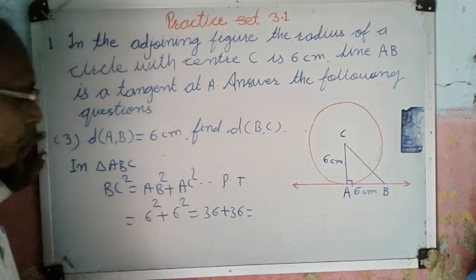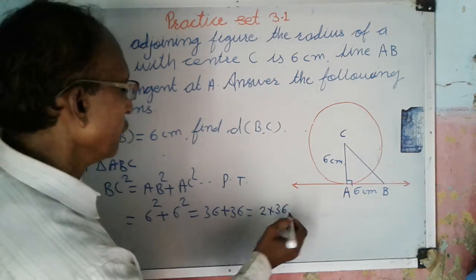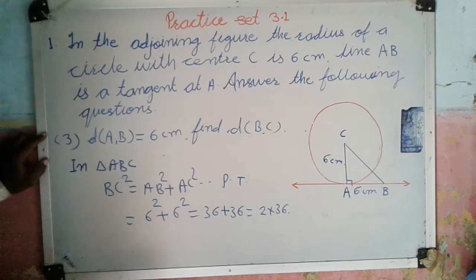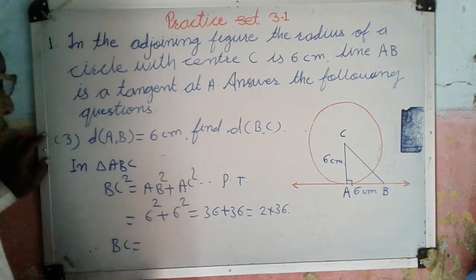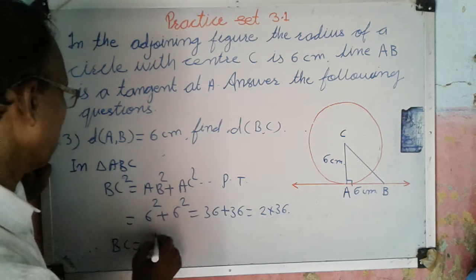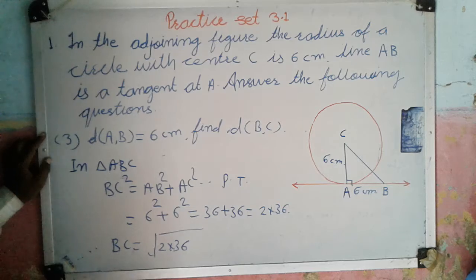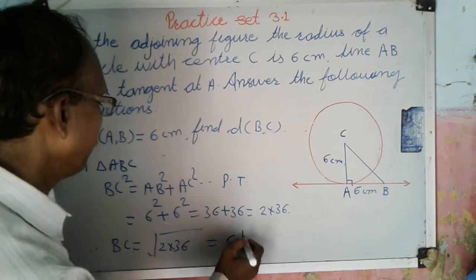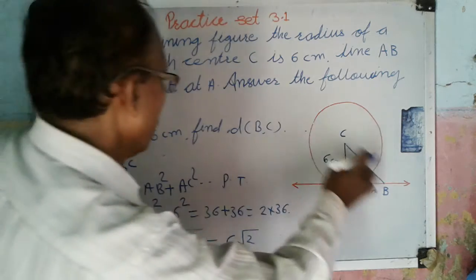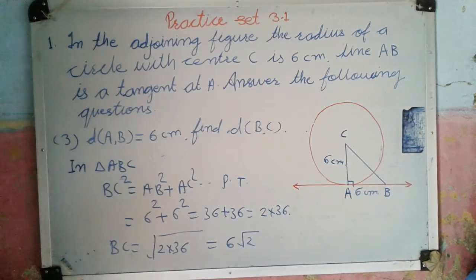That is equal to 2 times 36. Now, taking the square root of both the sides, we get square root of 36 is 6. So, distance of BC is equal to 6 root 2 centimeter.